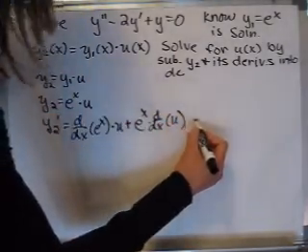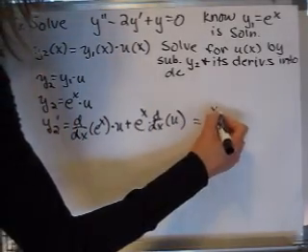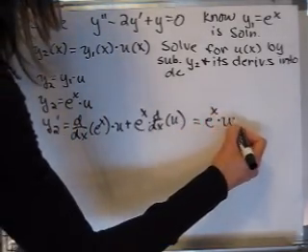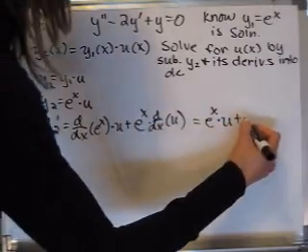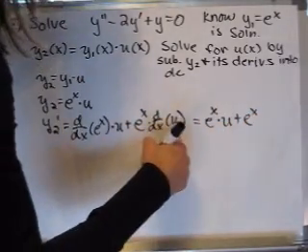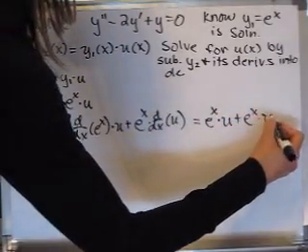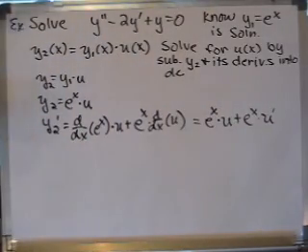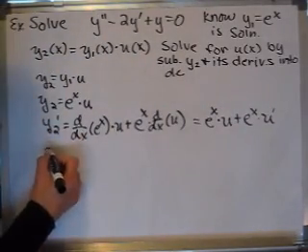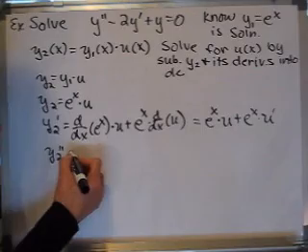The derivative of e to the x is e to the x, times u, plus e to the x times u prime, where I'm writing the derivative with respect to x of u as u prime. And then I need to take one more derivative, so I can substitute y2 into the differential equation.